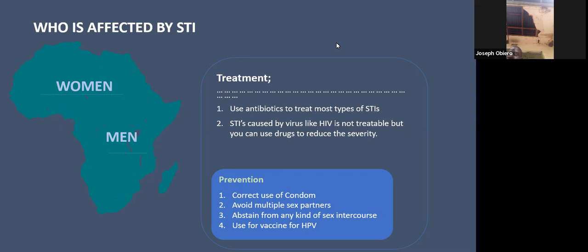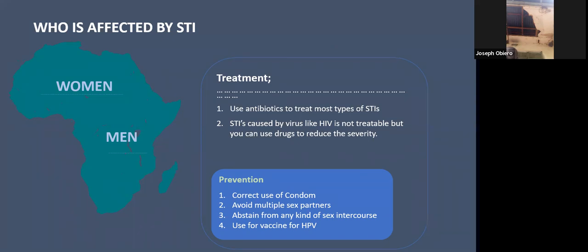Abnormal swelling of the lymph nodes in the groin, pubis, anorectal discharge. You can have anorectal ulcers and scrotal swelling or pharyngeal infection. So those are some of the presentations of how STIs can present and how they are called.